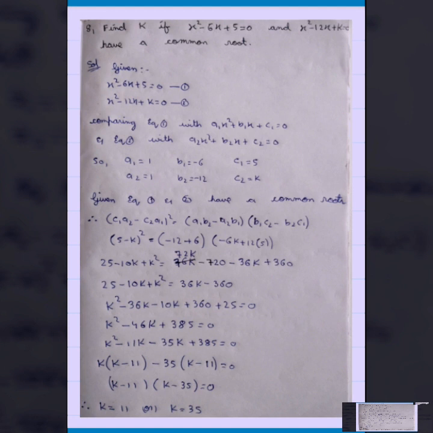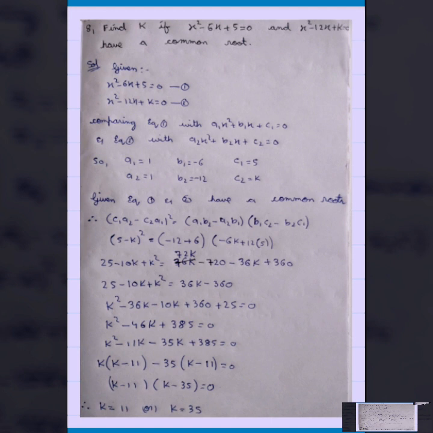Given equation 1 and 2 have common roots. So what is the formula for common roots? (c1a2 minus c2a1) whole square is equal to (a1b2 minus a2b1) into (b1c2 minus b2c1).